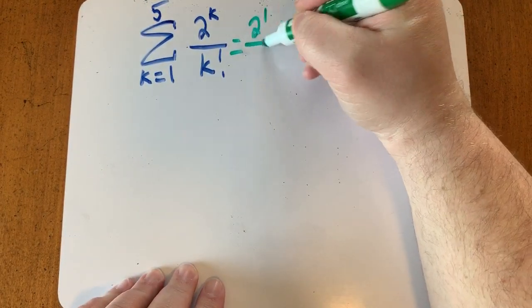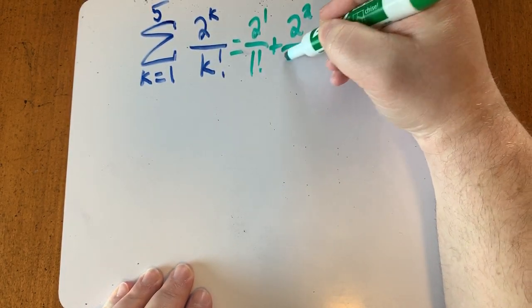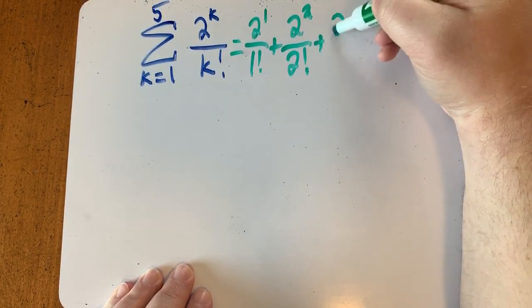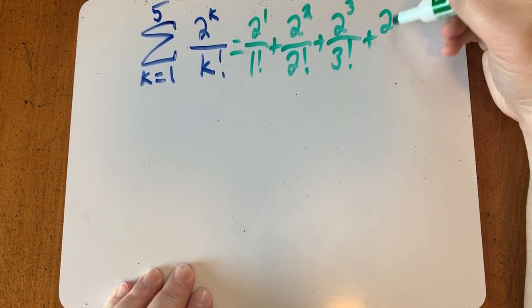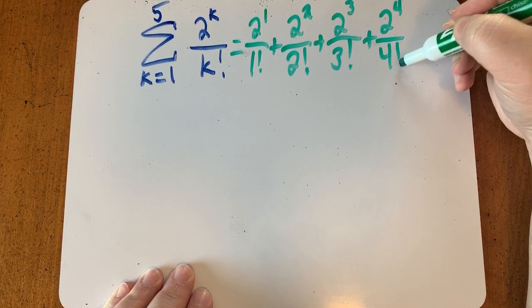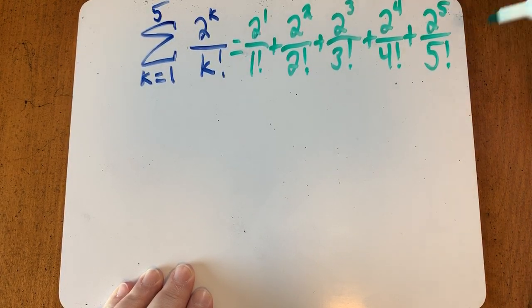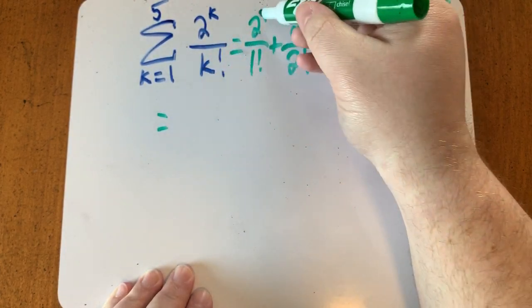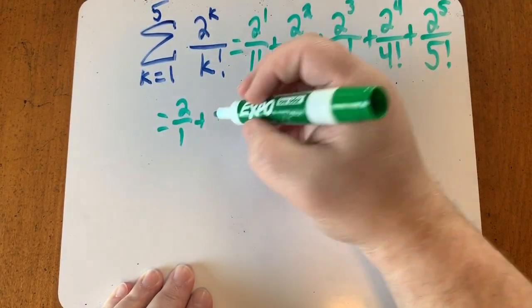So 2 to the first over 1 factorial, plus 2 to the second over 2 factorial, plus 2 to the third over 3 factorial, plus 2 to the fourth over 4 factorial, plus 2 to the fifth over 5 factorial. So that's 2 over 1. That's 4 over 2.